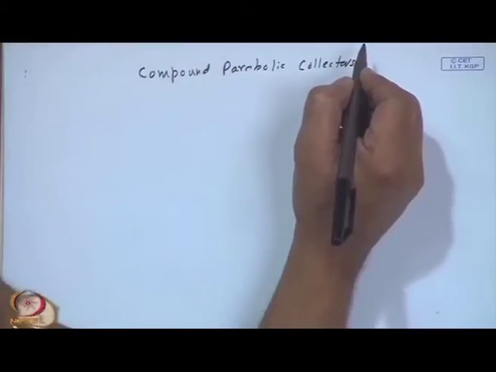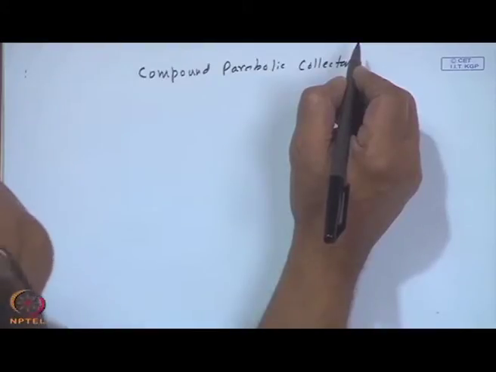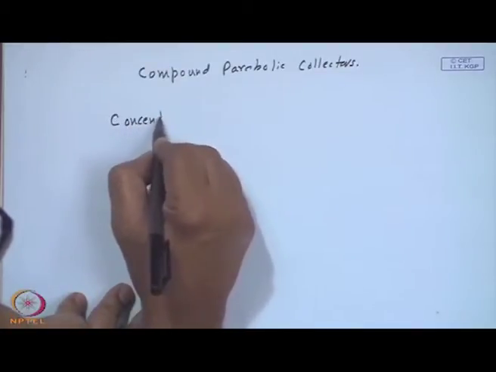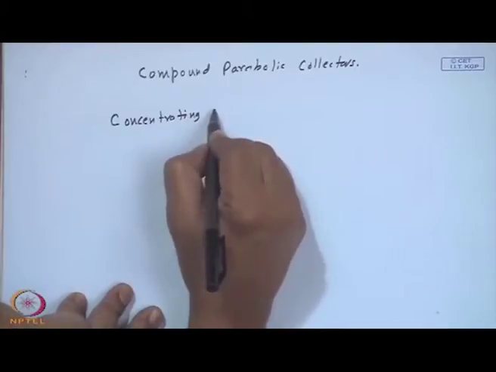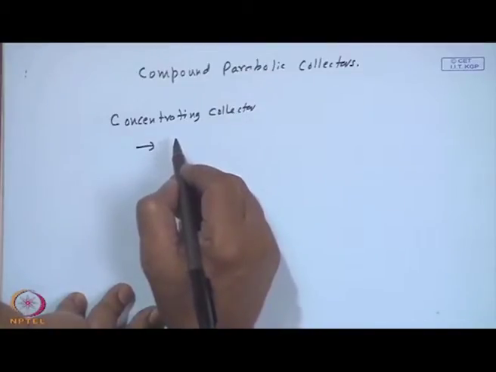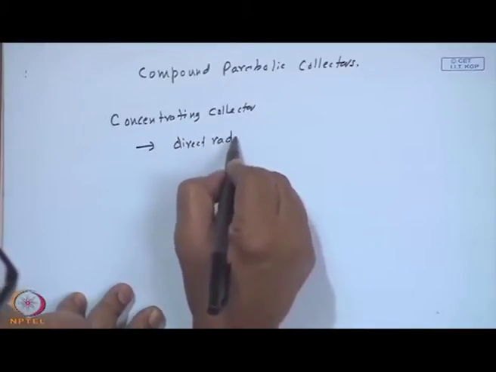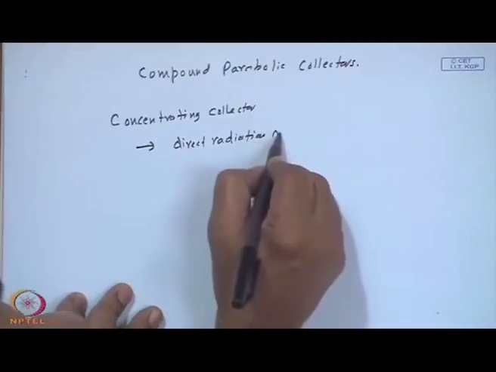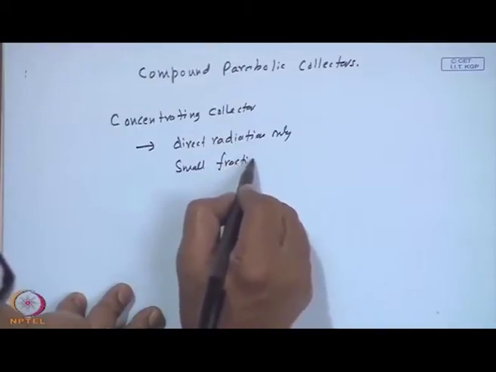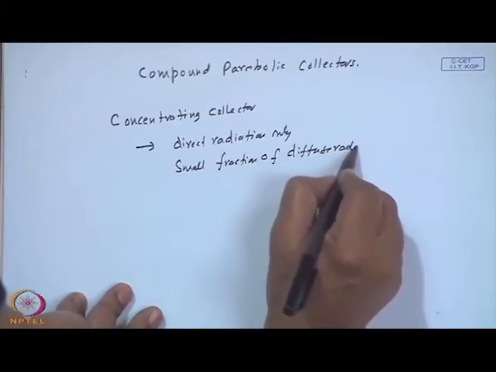Now, if you look at the equations that we have been discussing for the concentrating collectors, they dominantly take the direct radiation plus a small fraction of diffuse radiation.